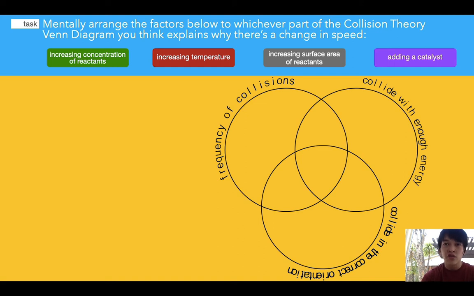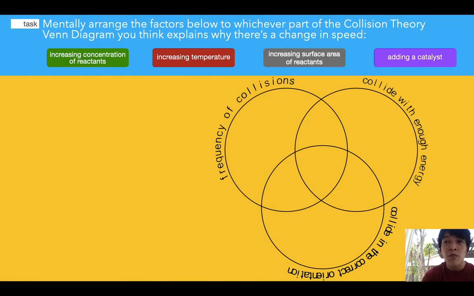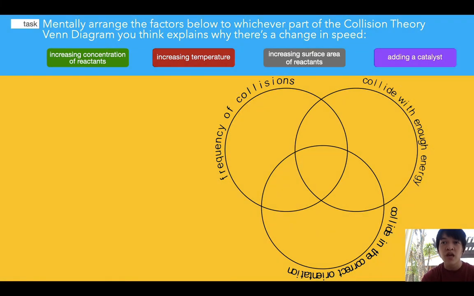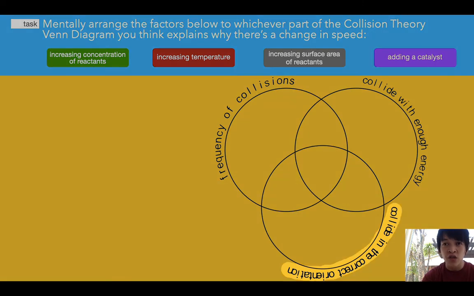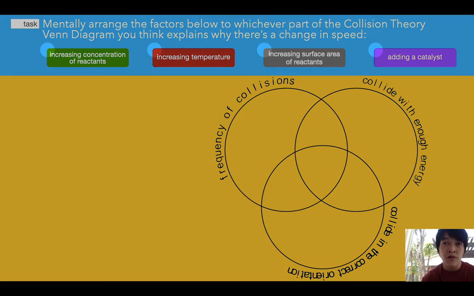We have four factors here: increasing concentration of reactants, increasing temperature, increasing the surface area of reactants, and adding a catalyst. We have the components of the collision theory right underneath. There's frequency of collisions, colliding with enough energy, and colliding with the correct orientation. So basically, for each of the four factors above, mentally place it in one spot of the Venn diagram. You should pause this video and give it a try.